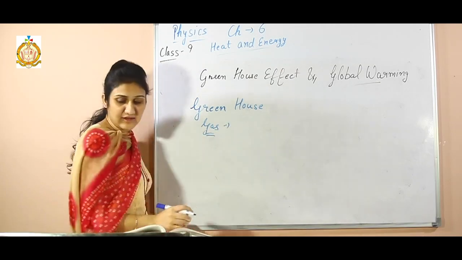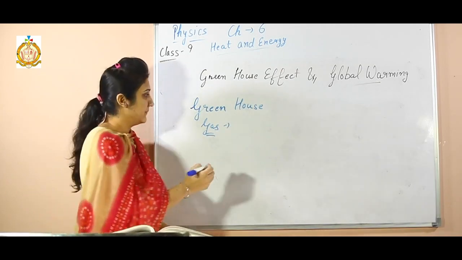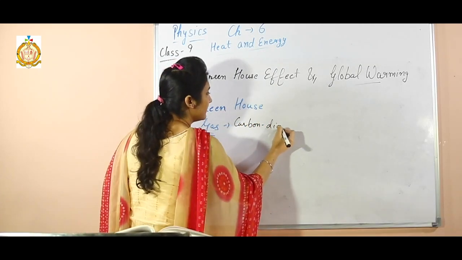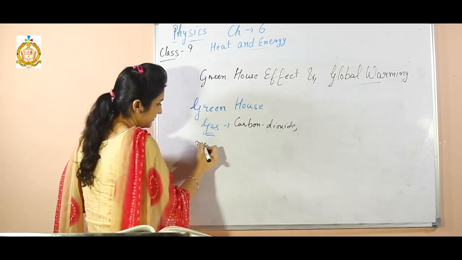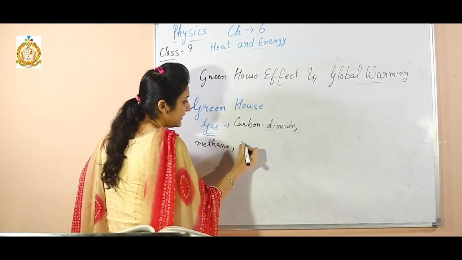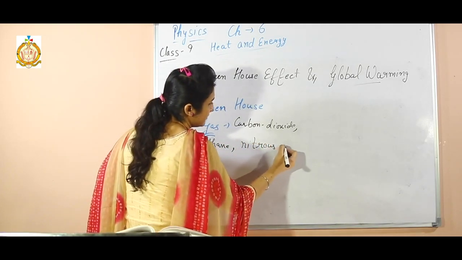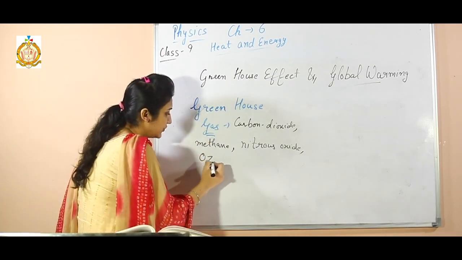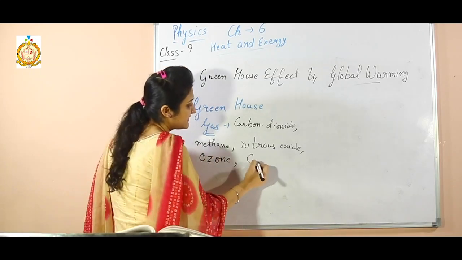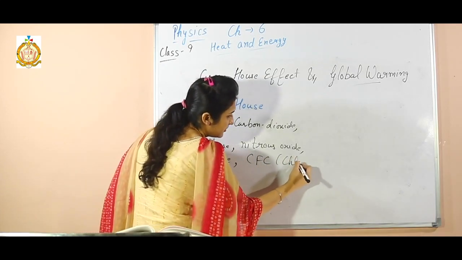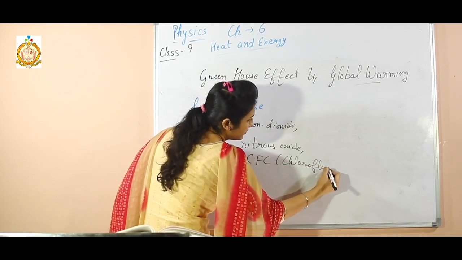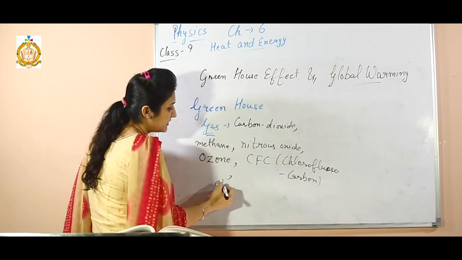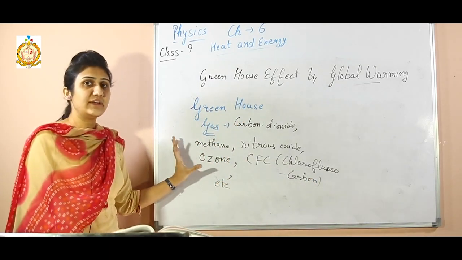The greenhouse gases are carbon dioxide, methane, nitrous oxide, and ozone, as well as CFC, that is chlorofluorocarbon, etc. So these greenhouse gases absorb the infrared radiations.